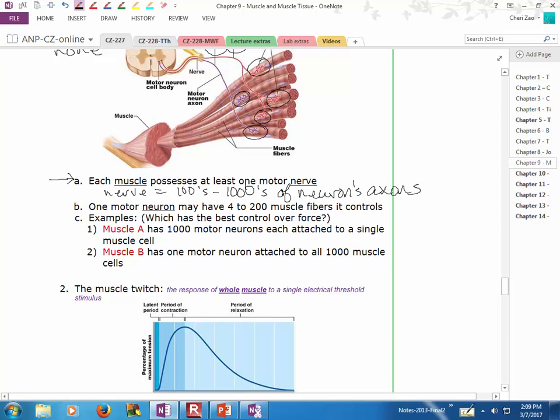A neuron has a single axon. So if you have a neuron, it's going to have an axon. One motor neuron may connect to anywhere from 4 to 200 muscle cells.